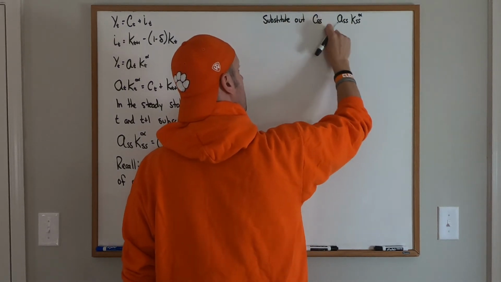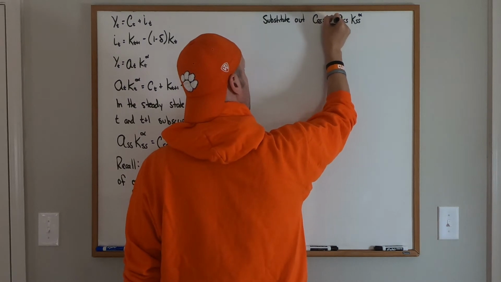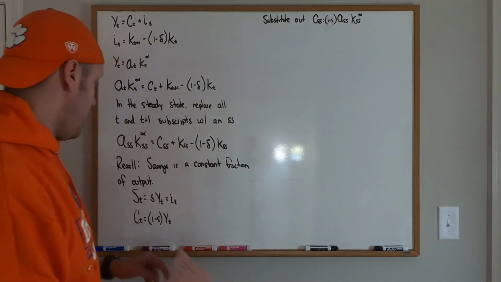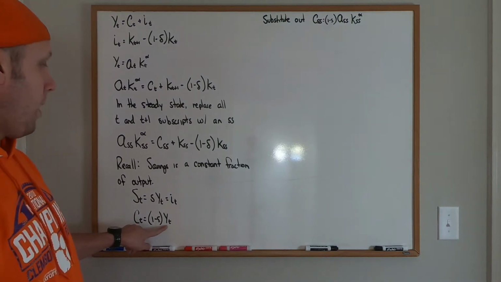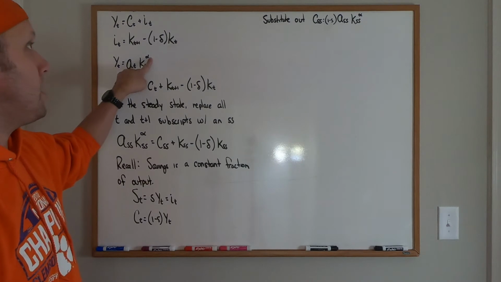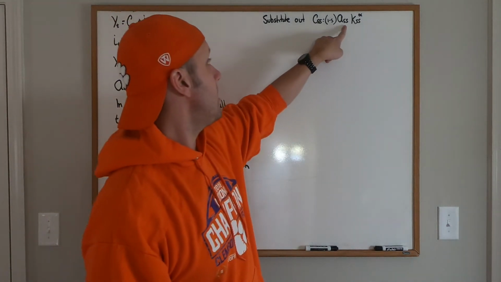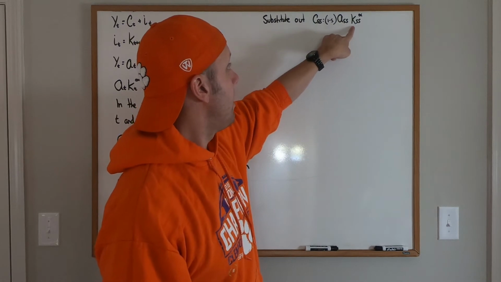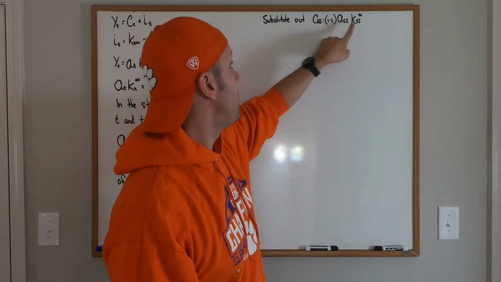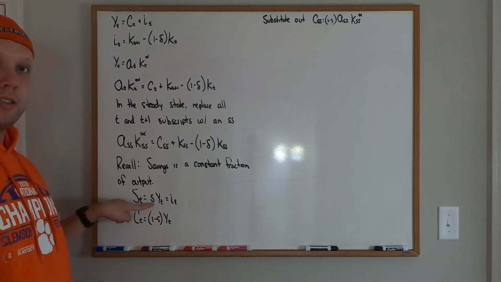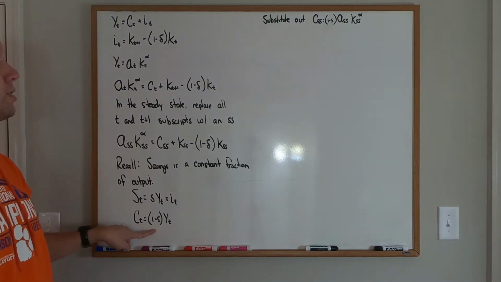So I do 1 minus s times yt. Now if you remember, yt is equal to at times kt to the alpha. So in the steady state, output here is equal to ass times kss to the alpha. And I multiply it by 1 minus s because 1 minus the fraction that's saved is the fraction that's consumed.